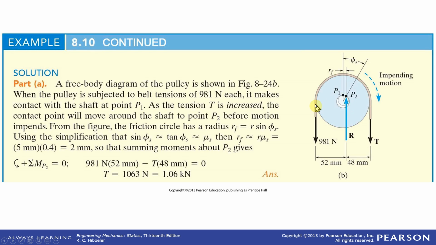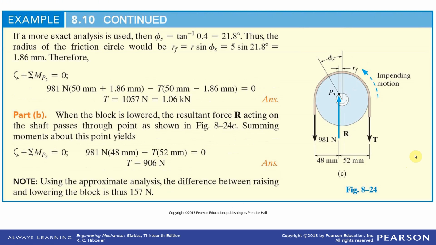So this is going to be, well, that's where we get the 52 and the 48. 52 this way, 48 this way. Moment about P2, we're going to have T2. This T is going to be somewhat greater because this has a bigger lever arm, and 1063 newtons. Instead of 981 newtons, 1063 newtons to get it going. Okay, voila, that's it.